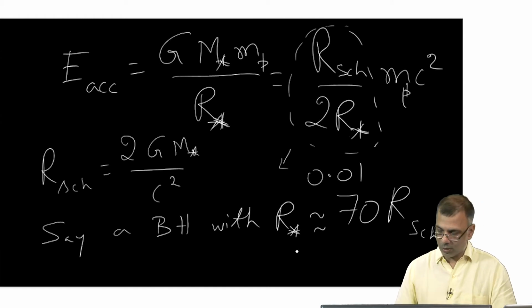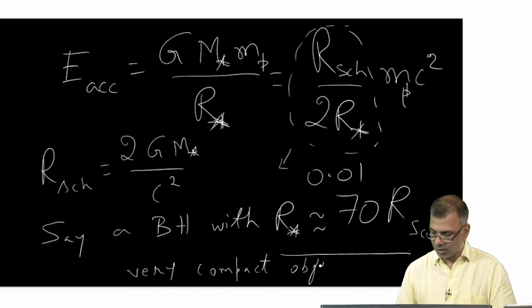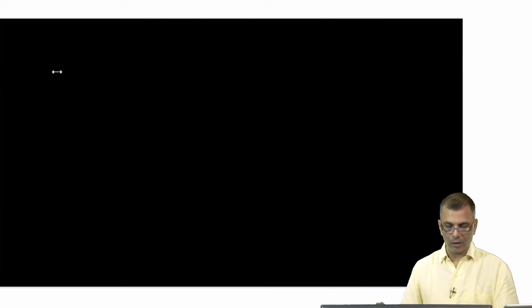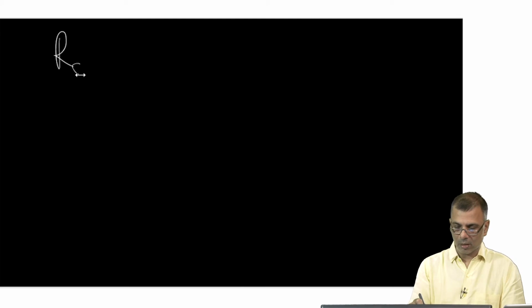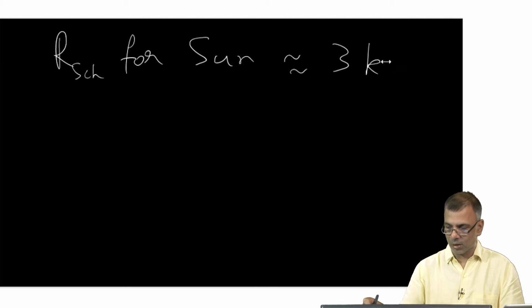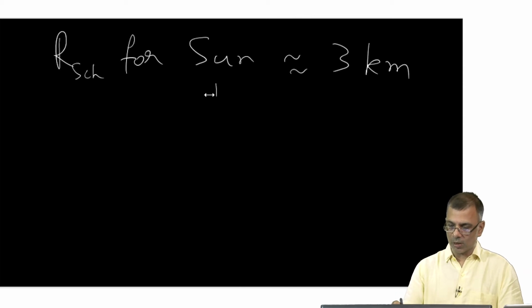However, this is actually a very compact object. In other words, the density of such an object is very, very high. If you compare it with the sun, the Schwarzschild radius for the sun is something like 3 kilometers, and the sun, of course, has 1 solar mass.